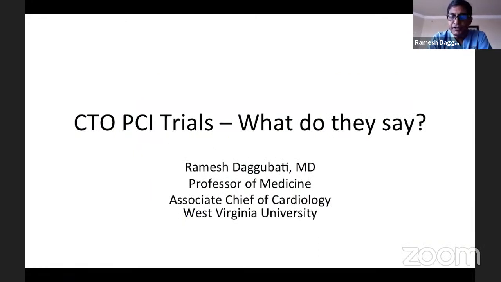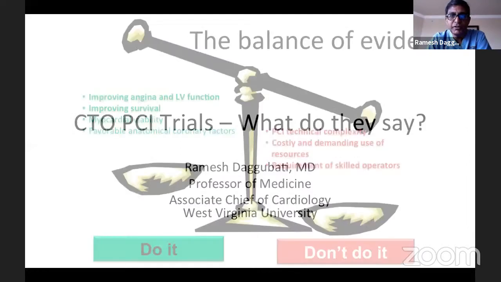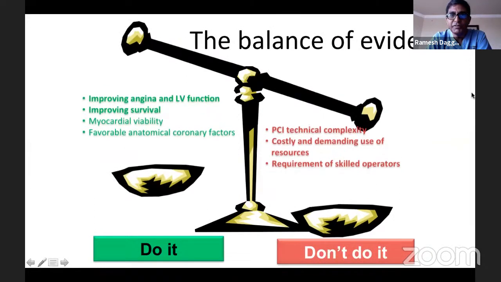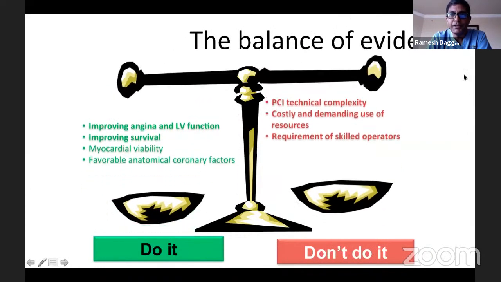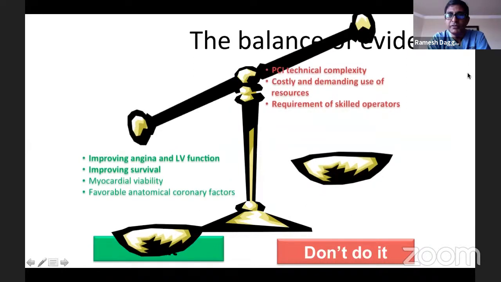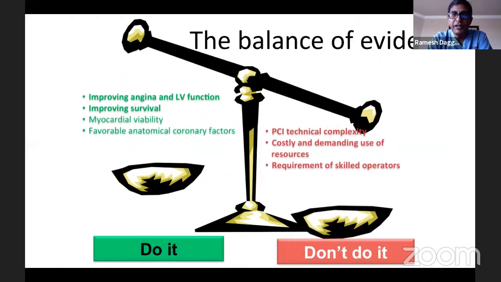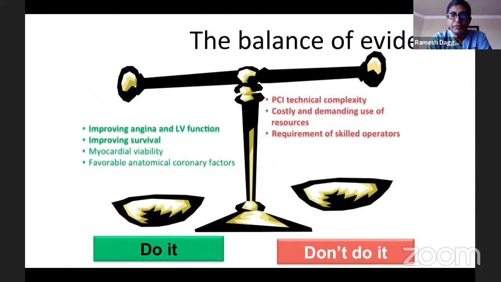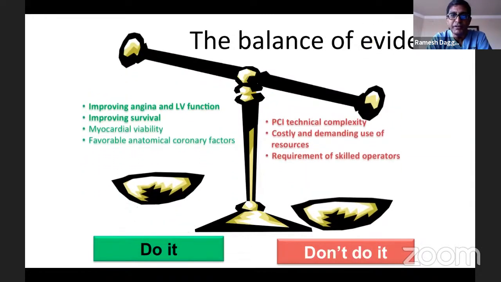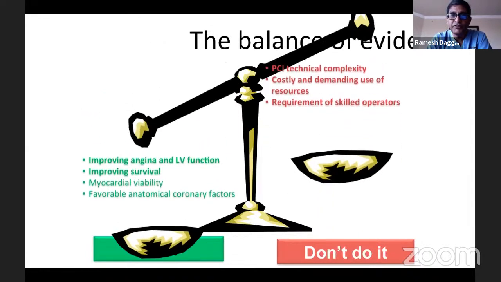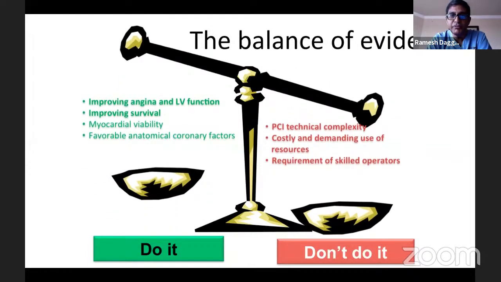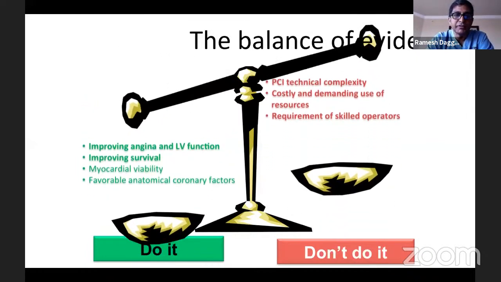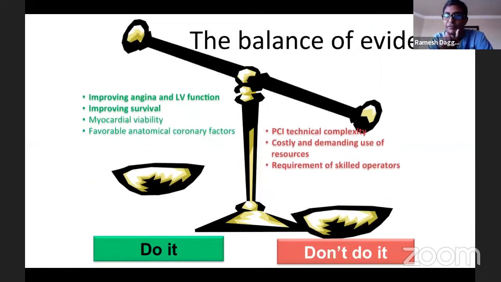So CTO PCI trials, what do they say to us? You know, the balance is always a problem of evidence versus clinical practice. And if you listen to the CTO experts, you might say every CTO should be opened up, and non-CTO operators might say that you're doing unnecessary procedures with technical complexity, risking the patient, costly and demanding use of resources, and it's taking longer hours, and we don't have enough labs.